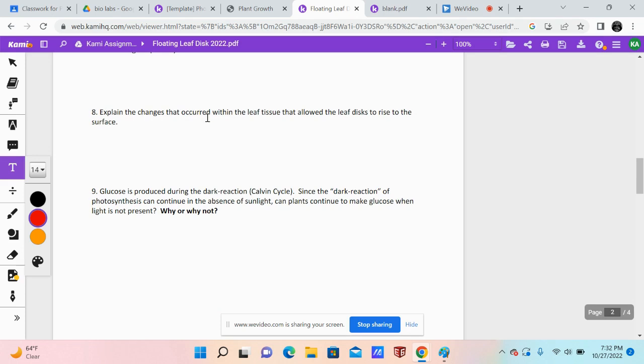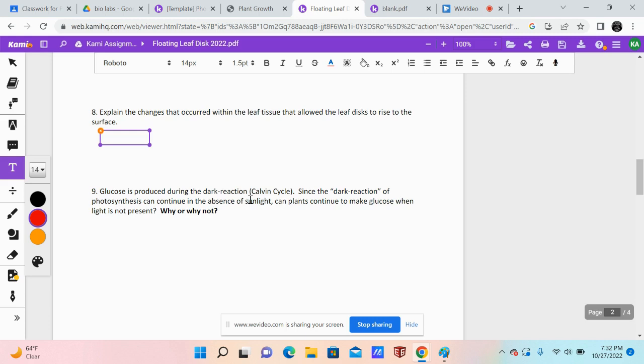8, explain the changes that occurred within the leaf tissue that allowed the leaf disc to rise to the surface. I'll type this one for you. Remember, I put the leaf discs in a syringe and I created a vacuum and I sucked all the air out of those leaf discs. And then when I stopped pulling on the syringe, water rushed into those leaf discs. So the air came out, I pulled the air out, and then I put water in.